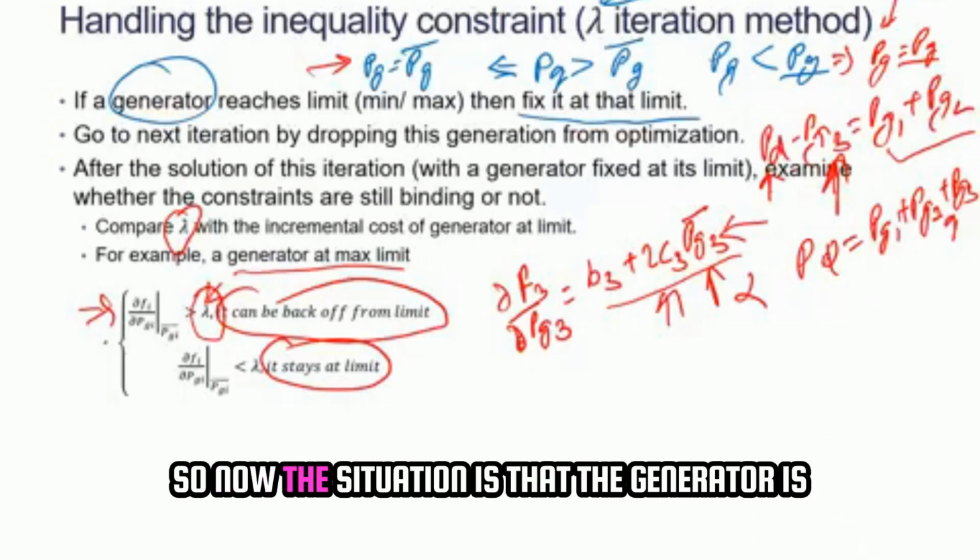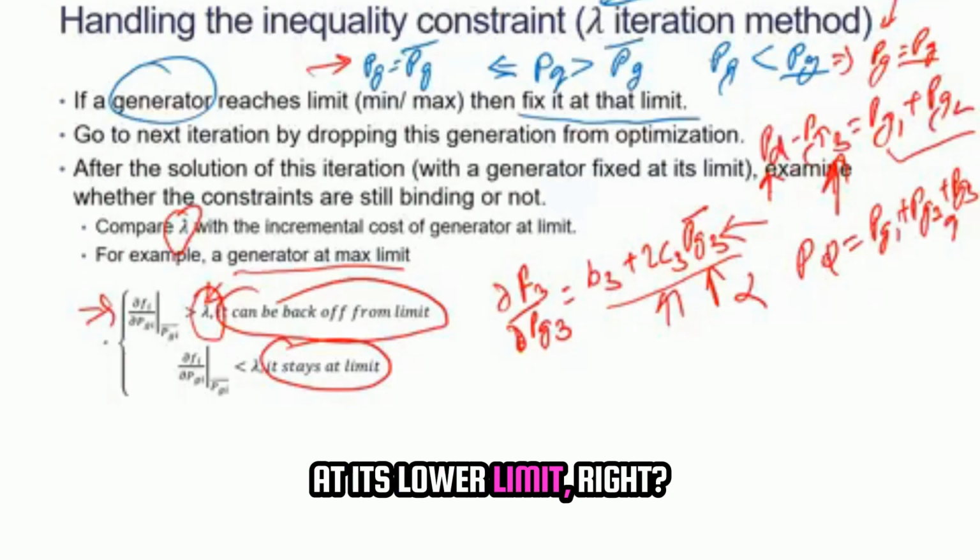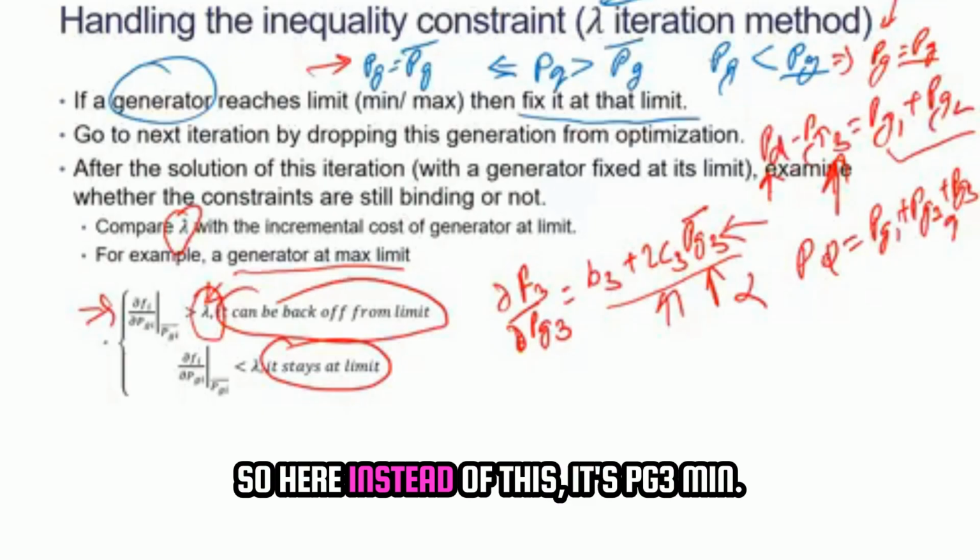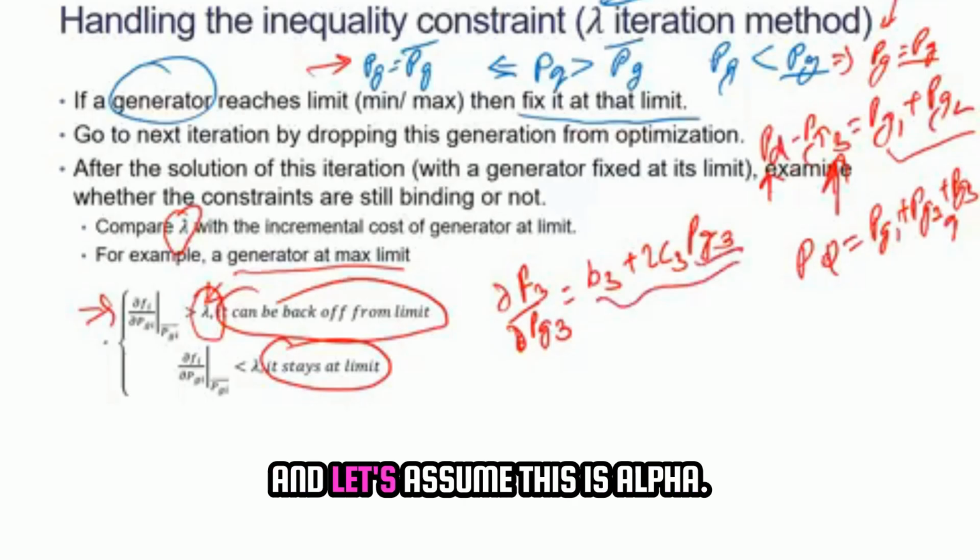So now the situation is that the generator is at its lower limit, right? And the price, so here instead of this it's PG3 min, and let's assume this is alpha.